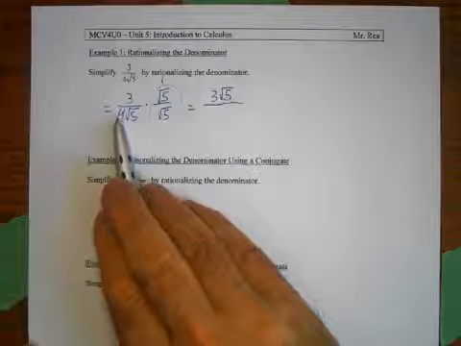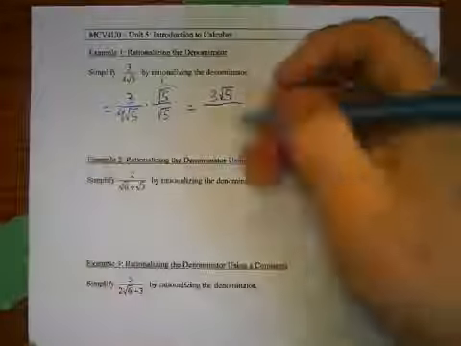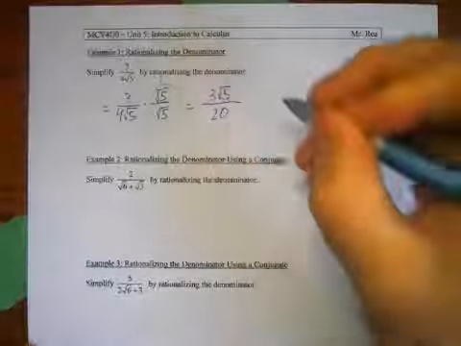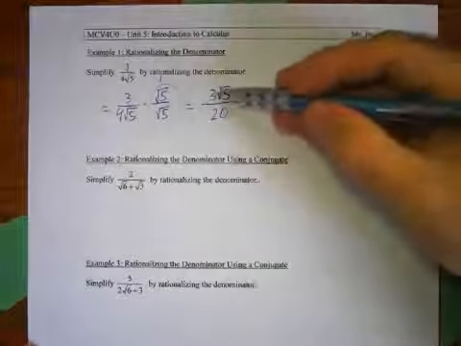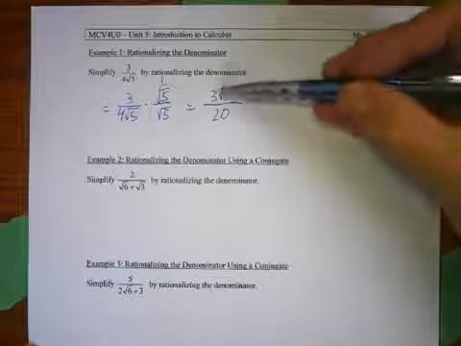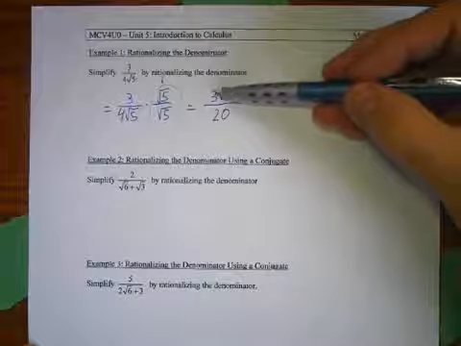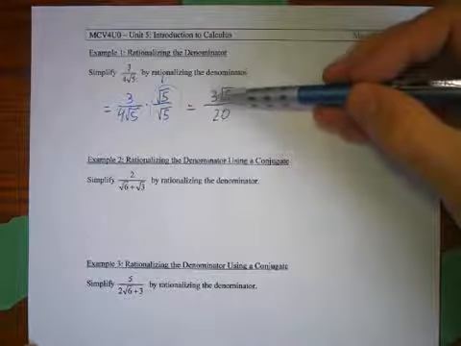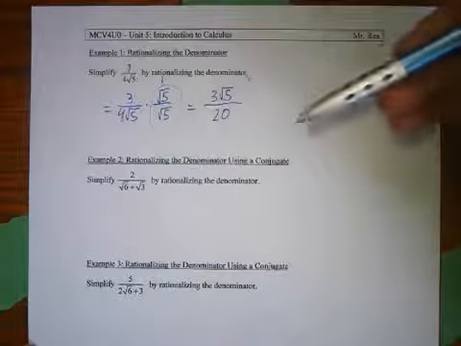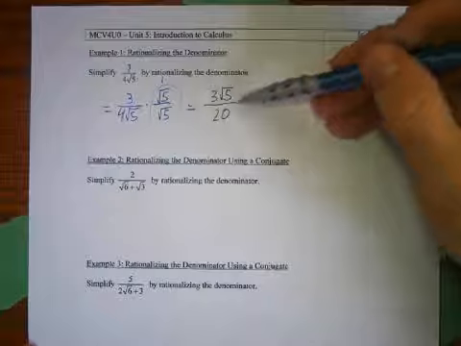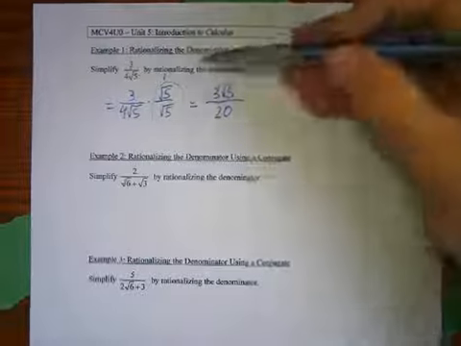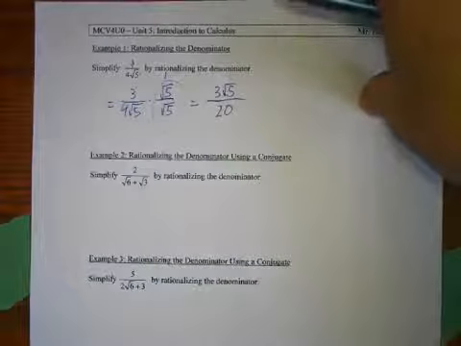So that basically turns into 4 times 5, which is 20. Now at this point, you try to see if you can reduce this. Obviously the root 5 will have no play in this, but can I reduce 3 over 20? In this case, you can't. So that is your simplified version with the denominator rationalized, okay?